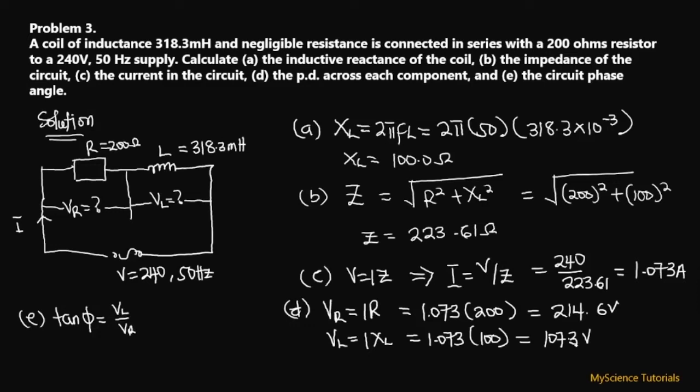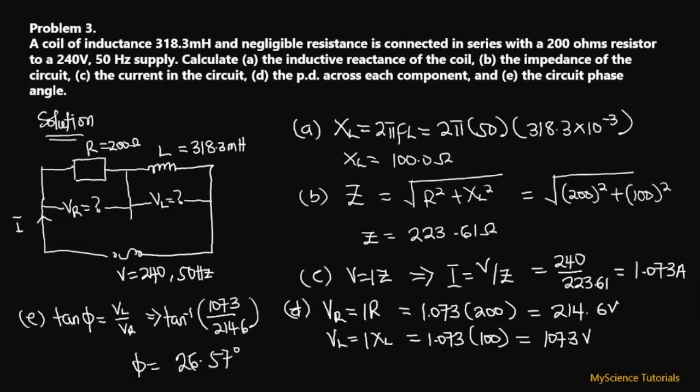We just found these two, so we know this is equal to the tan inverse of our VL, which is 107.3, over our VR, which is 214.6. So our phase angle is equal to the tan inverse of this ratio, which gives us 26.57 degrees.